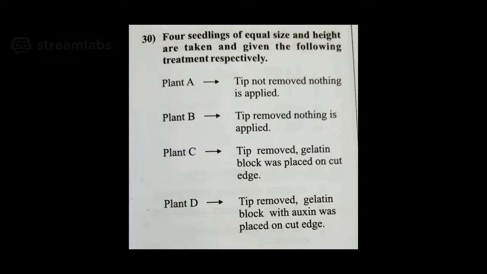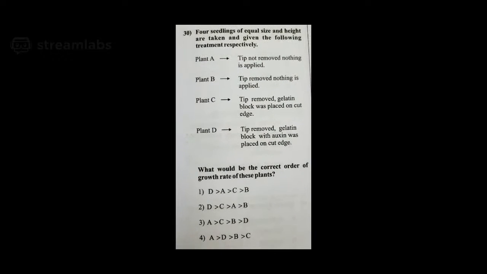Okay, now you look at the options. What would be the correct order of growth rate of these plants? Now everything is given in increasing order, right? The symbol, if you see, is an increasing order. Now think perfectly, which plant will grow tall should come first. Okay. Now think about the answer. It is completely based on phytohormones.